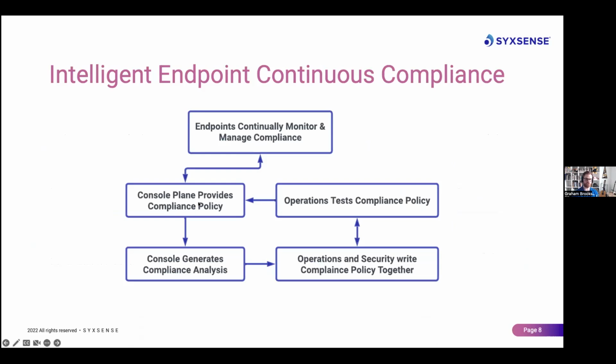So you've got this control plane process where we are evaluating and informing the team of issues that are happening that then generates information for analysis, which is then analyzed and determined whether to be enacted on or not by both the security and operations team working as a team rather than siloed, which then turns into a compliance policy that gets driven back to the console plane, which at all stages of work is constantly monitoring endpoints. And those endpoints are in turn returning information to the control plane, telling it what needs to be done.